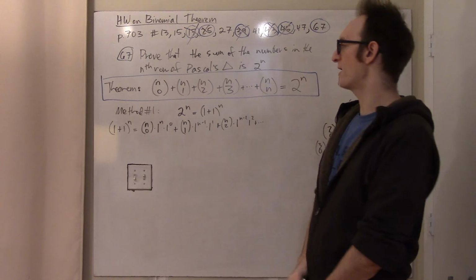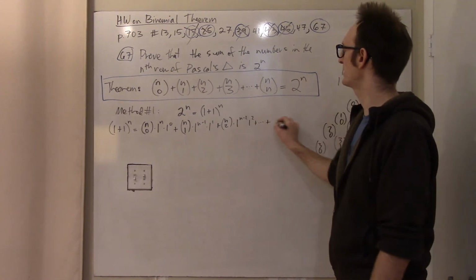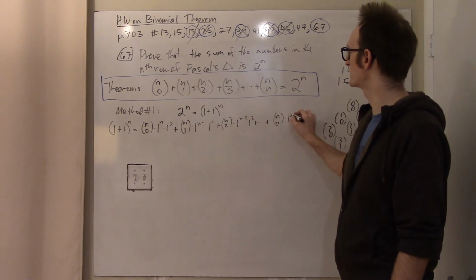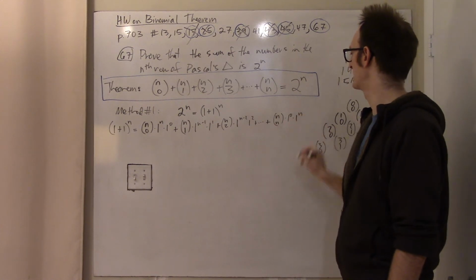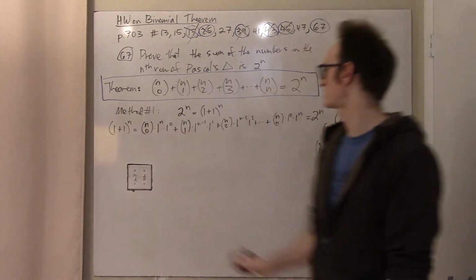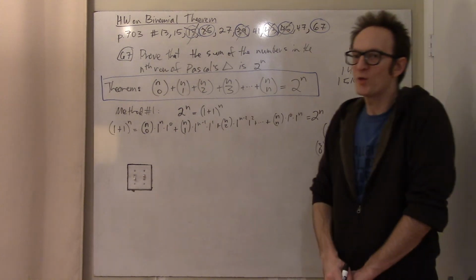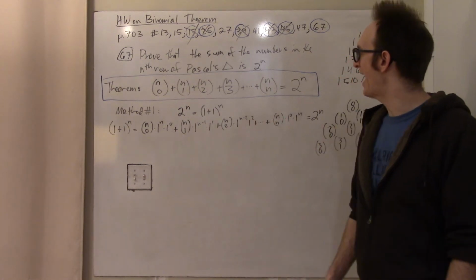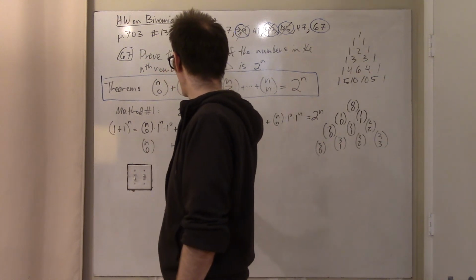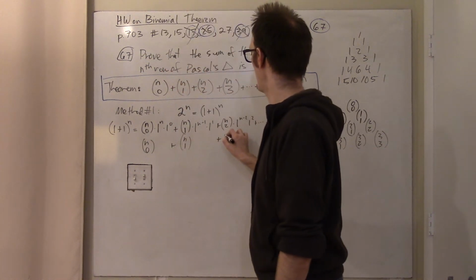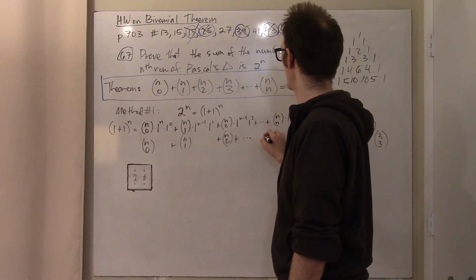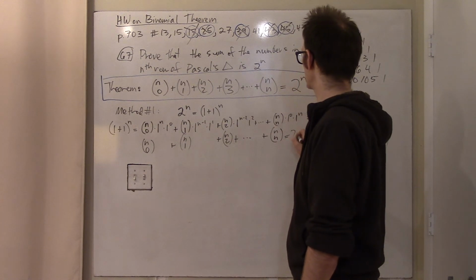We keep going until we eventually get n choose n times 1 to the 0 times 1 to the n. And all of this is 2 to the n because 1 plus 1 is just 2. Of course all those numbers are just 1s, and now we are done. So that's n choose 0 plus n choose 1 plus n choose 2, plus all the way out to n choose n. That is indeed 2 to the n.